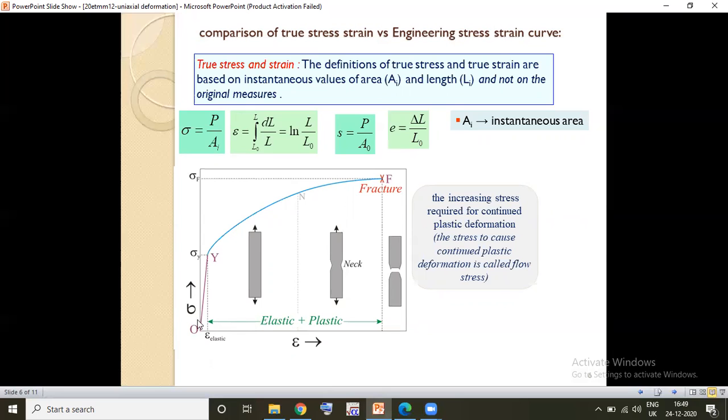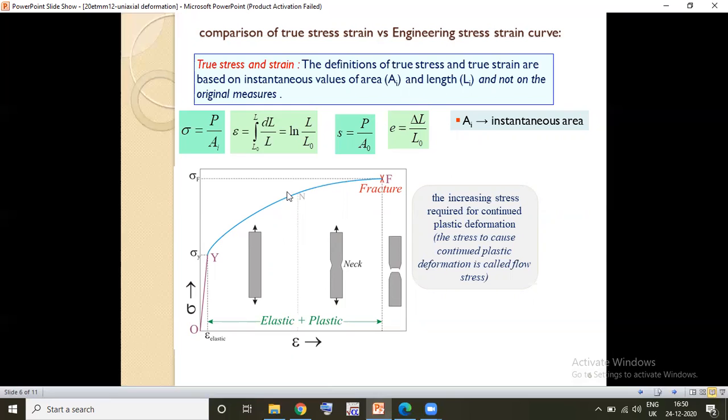You can see that true stress is defined as P over A_i, where A_i is the instantaneous area, and the true strain is given by the change in length to the original length, the summation from L naught to L, because L is changing with respect to time. And engineering stress is given as the force over the original area, and the strain is given as change in length to the original length.